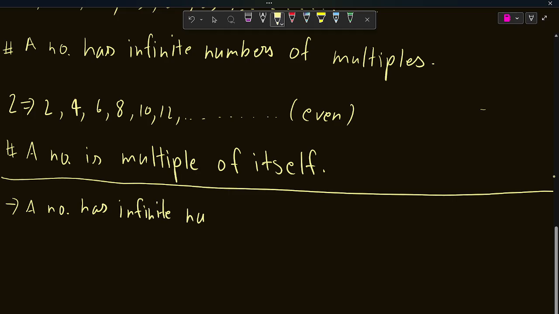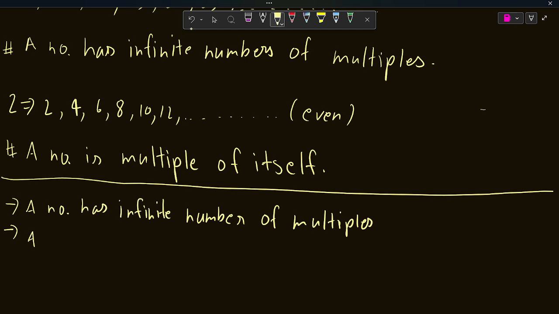We cannot count the number of multiples of any number. If I ask you to count all the multiples of 10, you cannot do it. If I ask you to count all the multiples of 12, you cannot do it. Why? Because any number has infinite multiples, but we can count factors of any number.